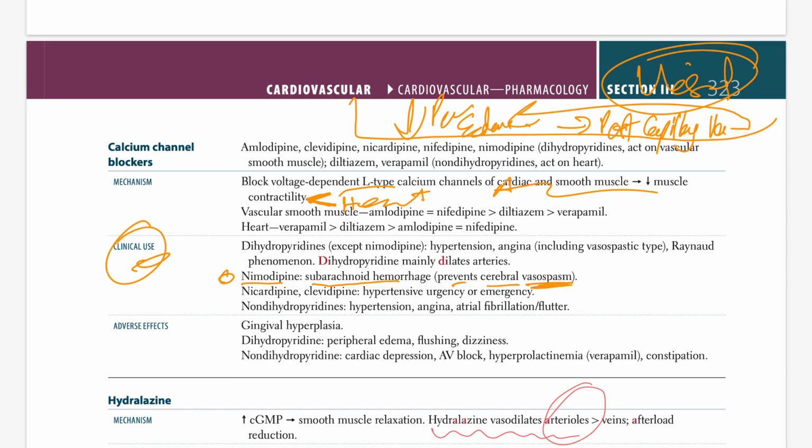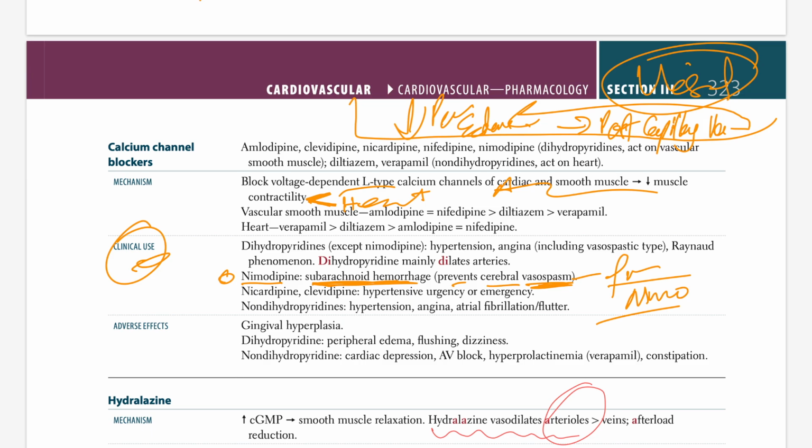Nimodipine. I don't know if you can recall, there is a movie named Finding Nemo. So just remember Nemo, Finding Nemo. Nemo is a very small fish, and she swims in water. That's all she does. So here, subarachnoid hemorrhage is like water for a fish. I'm just trying to make a mnemonic here.